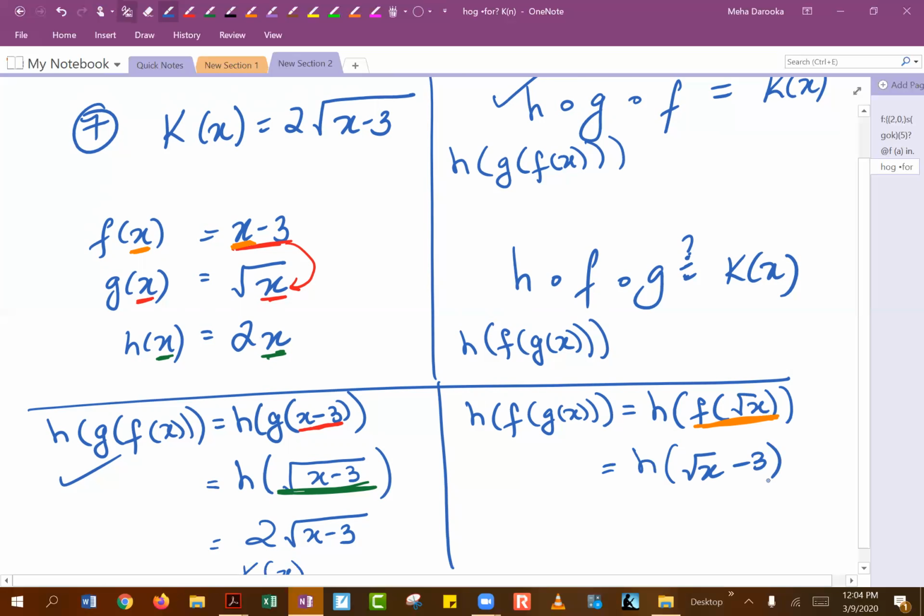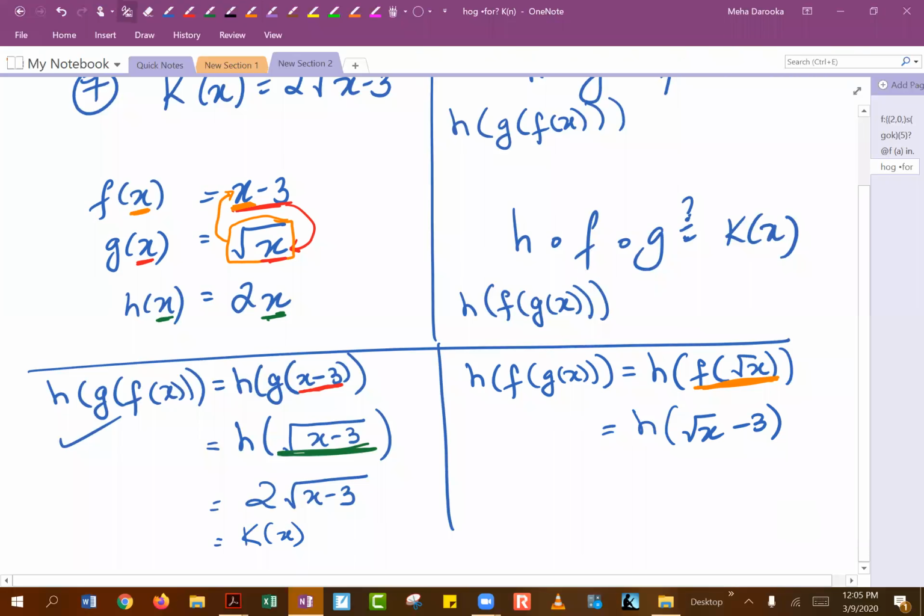Because what we are doing in this function is taking this square root of x and replacing just this x in here, because of that composition where g is the innermost function and f is its outer function. Okay.